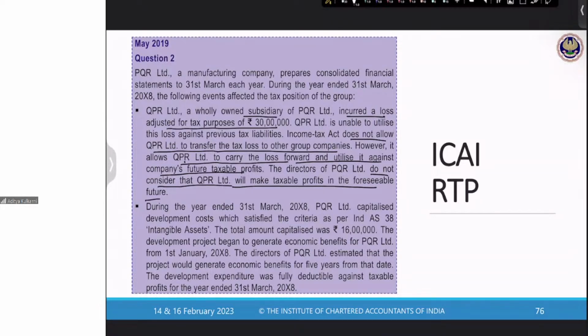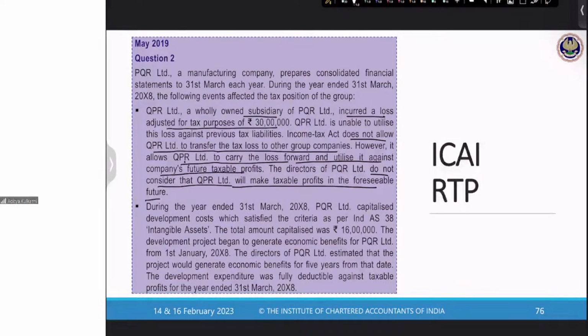So tell me, can I recognize a deferred tax asset on this? Is 30 lakhs going to be an asset? Yes, it will result in a saving in tax in the future.